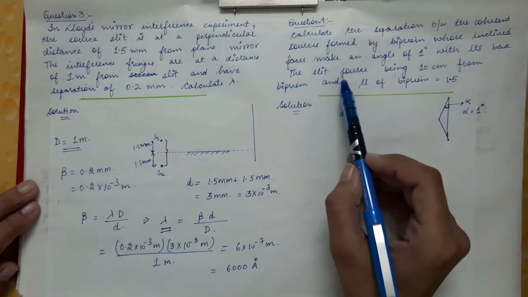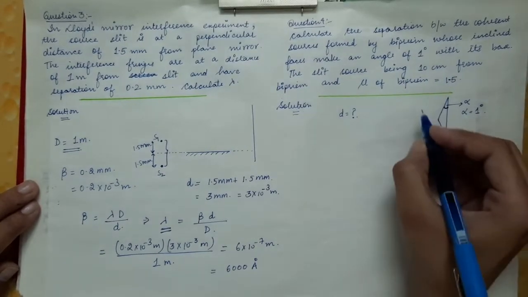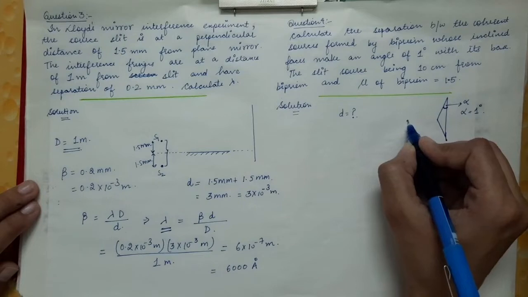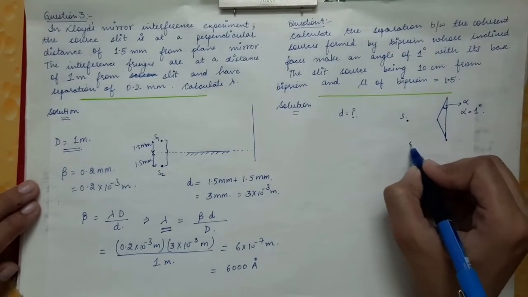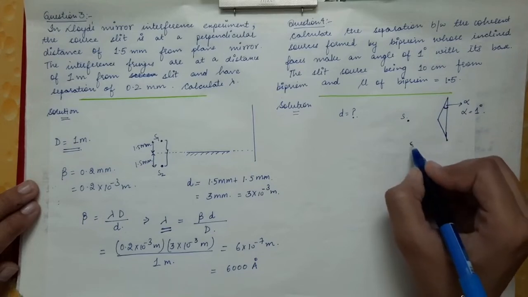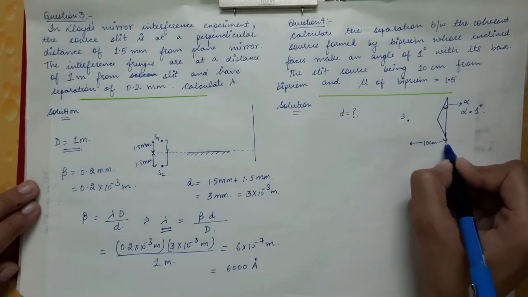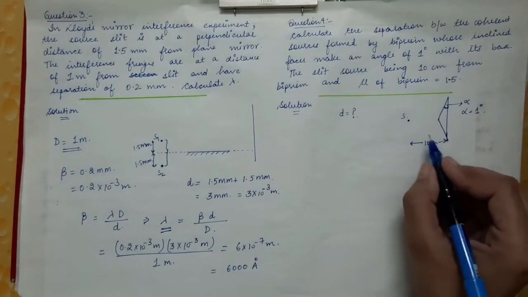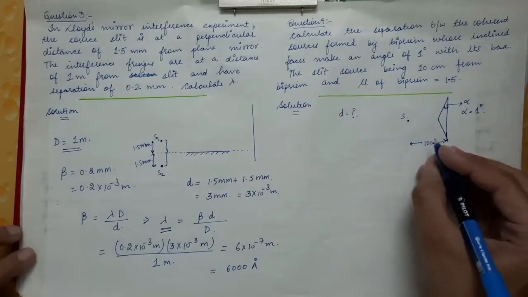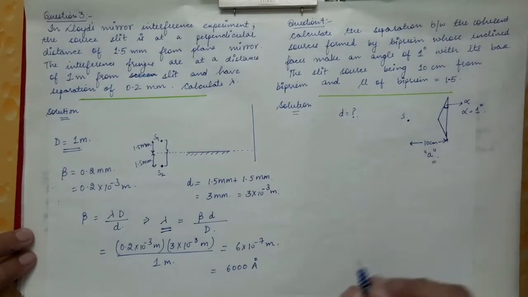Now the slit source is 10 centimeter from the biprism. There we had placed one source S, and the distance of the source from the biprism is given as 10 centimeter. When we discussed this topic of biprism, this distance of the source from the biprism was represented by small a.